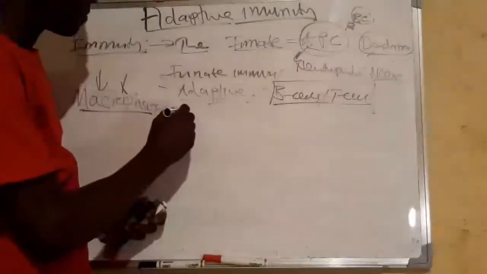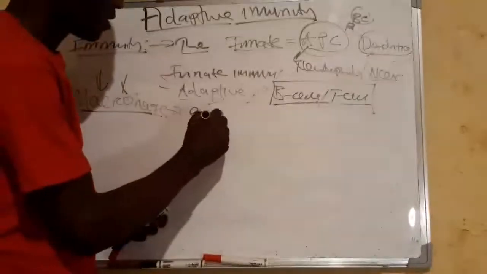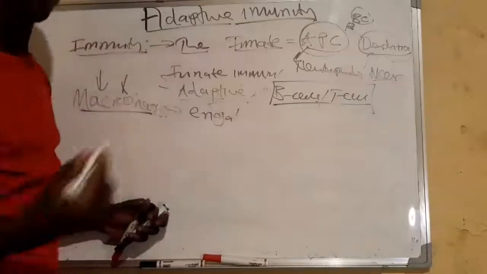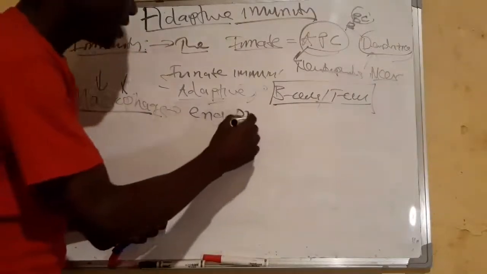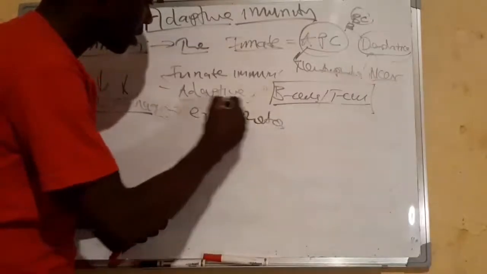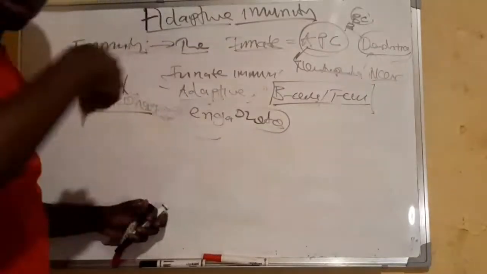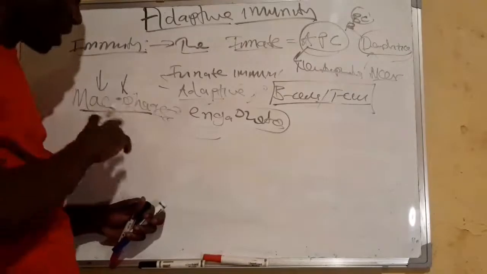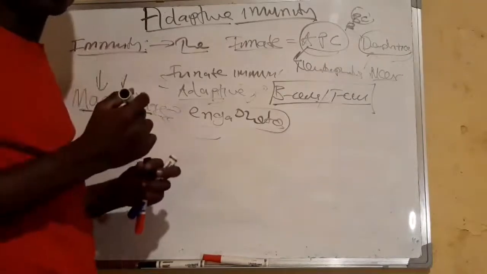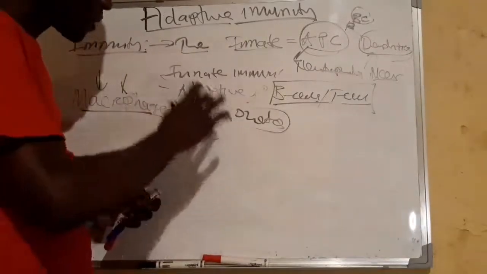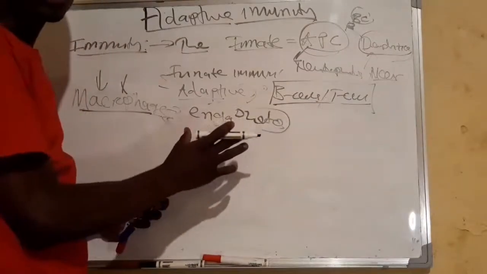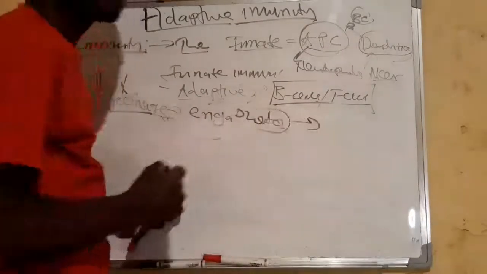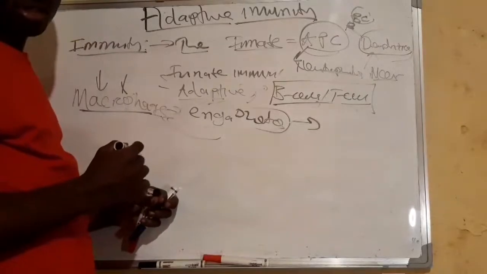After engulfing the pathogen, or phagocytose, it will let this pathogen into itself, into the cell. It will enter the pathogen by phagocytosis. After phagocytosis, this pathogen or the antigen will be processed.